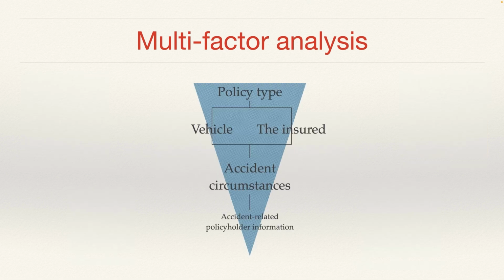So when analyzing relationships across multiple variables, you can visualize it in a hierarchy. At the top, place the insurance product variables, then break those down further, looking at the vehicle involved, the age of the policyholder, and other relevant details. From there, you might dig deeper and ask questions like, how do these individuals with these specific characteristics tend to behave in accidents?